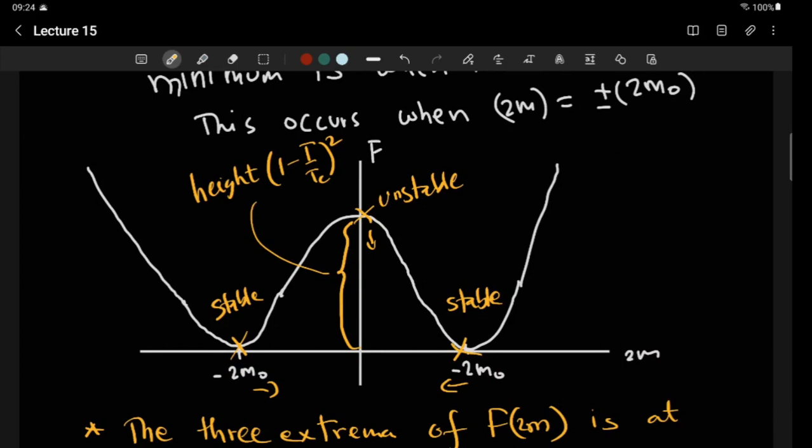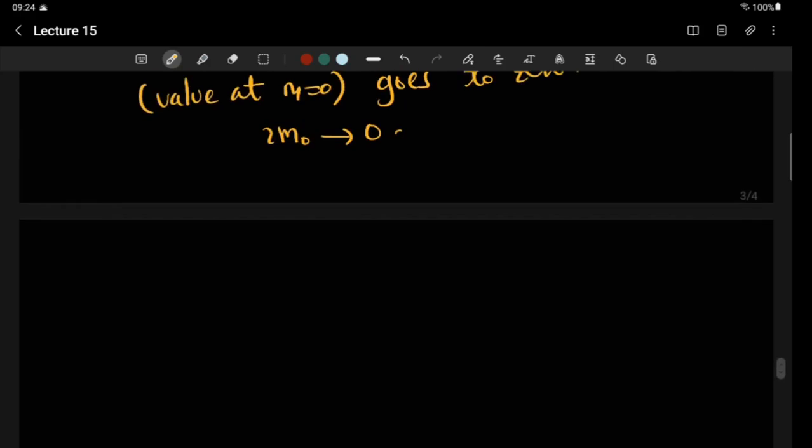So at t equal to tc, f of m or f of x is proportional to x power 4.